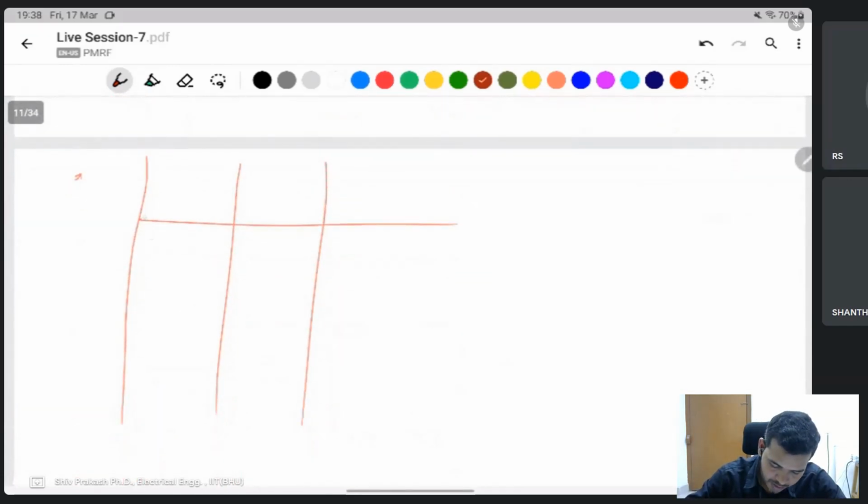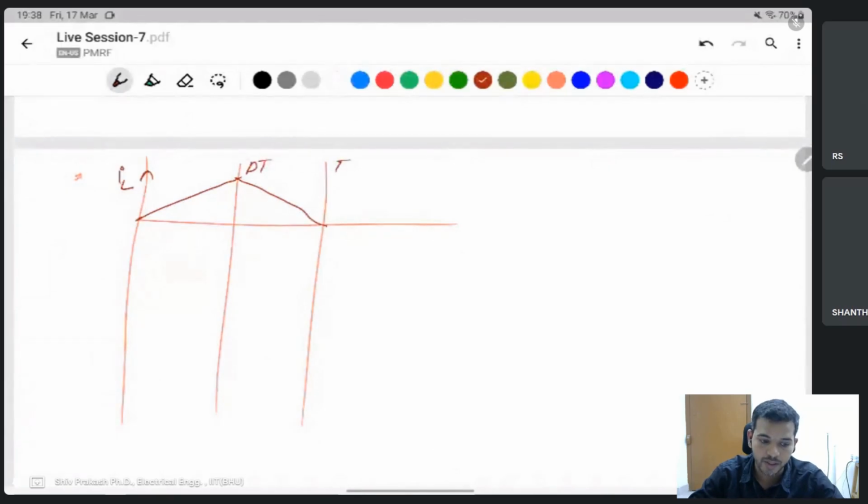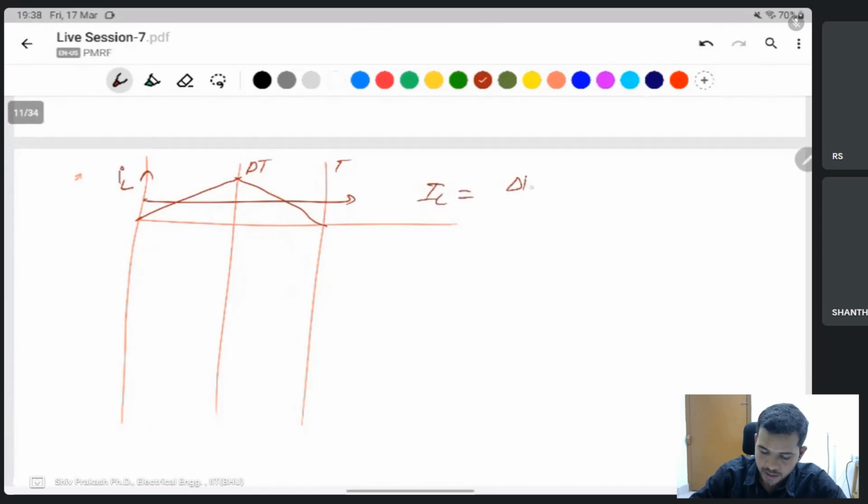In continuous conduction, in the boundary condition, this IL is the same as delta IL by 2. Then here IL is different.